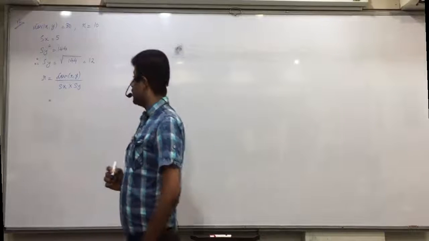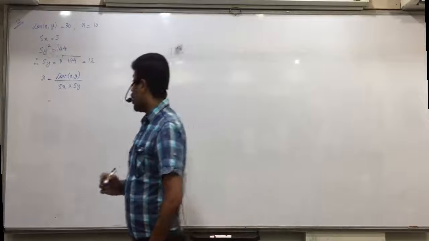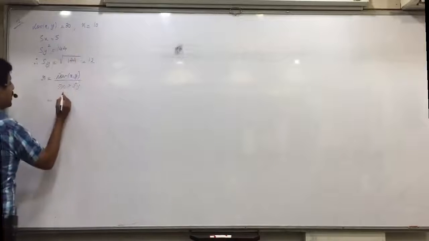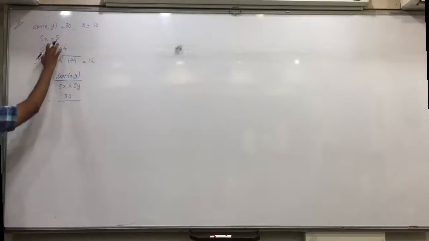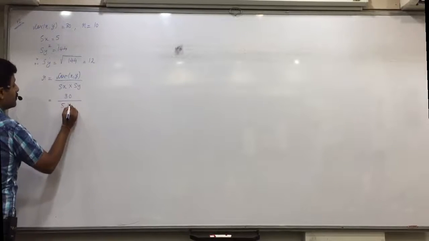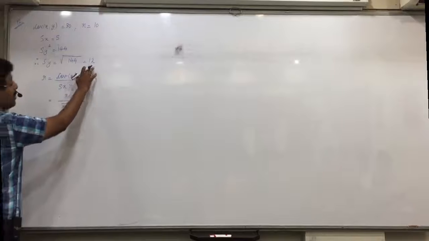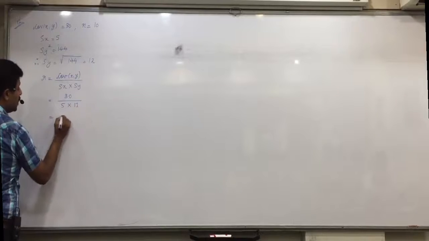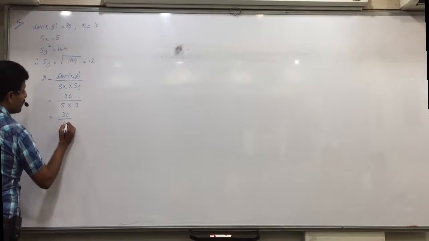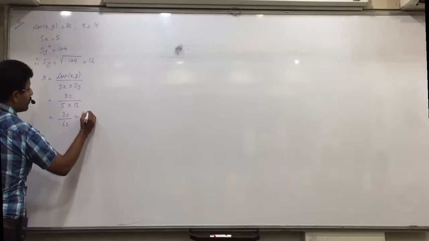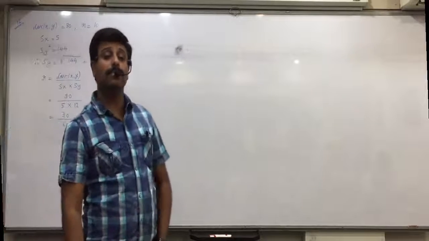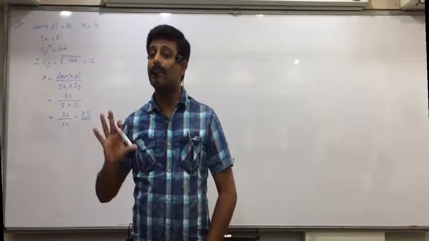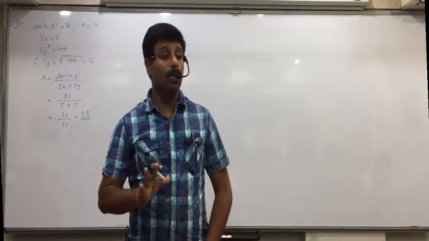Lavina, put the values. Covariance between X and Y is 30. Can you all see that? Divide by Sx is 5. And Sy we have obtained as 12. So 30 upon 60 is 0.5. 0.5 means moderate, neither high nor low.